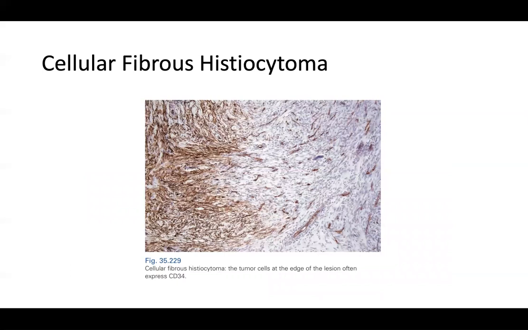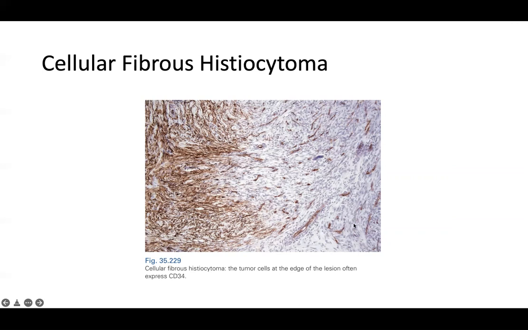This is showing that example of the CD34 staining that I mentioned before. The tumor cells at the edge of the lesion express CD34. Okay, so this is kind of what I was talking about when I mentioned looking at CD34 staining at the edge of a non-DFSP lesion and seeing that there's enhanced CD34 within that area outside of the main body of the neoplasm.